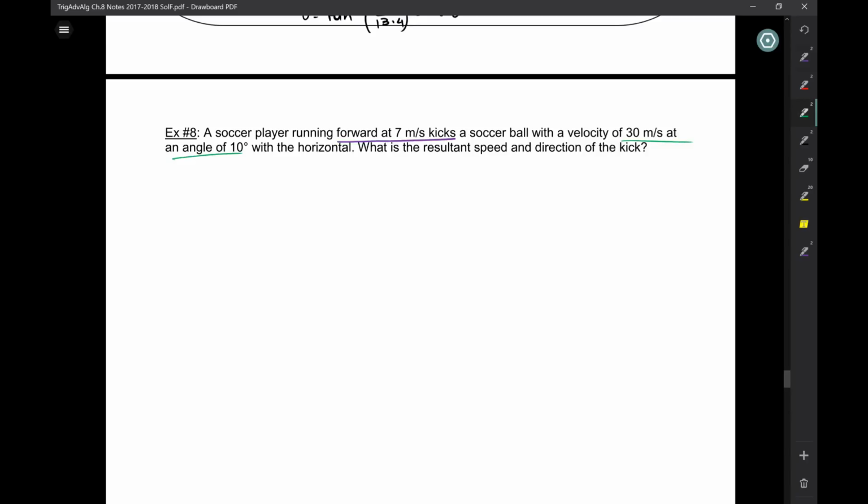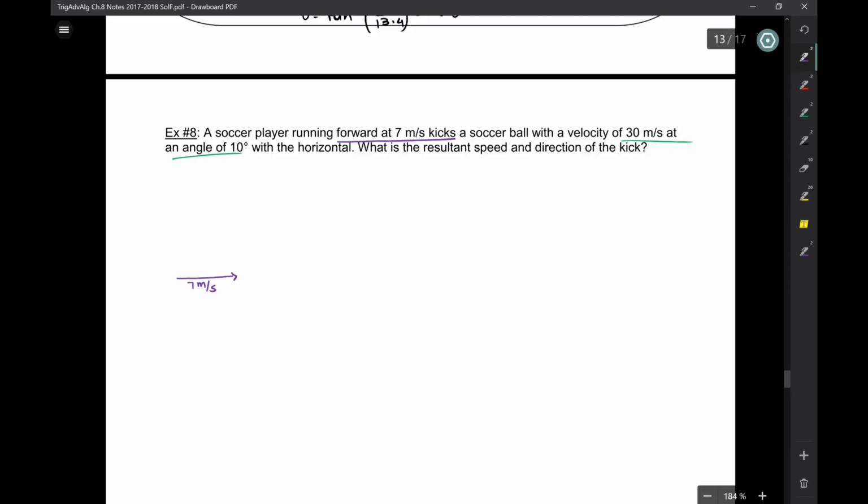What is the resultant speed and direction of the kick? So this guy is running forward at 7 meters per second. He's a soccer player, he's not playing on an incline, it's just a flat surface, so it's a horizontal line.